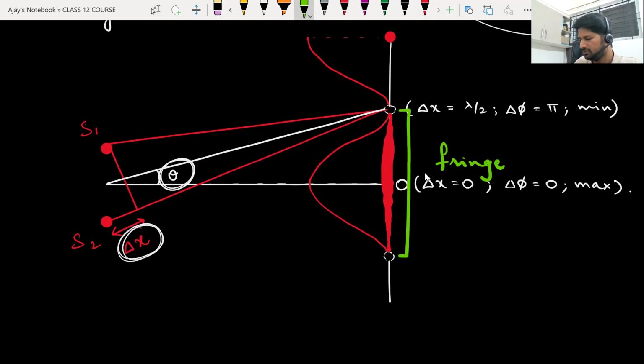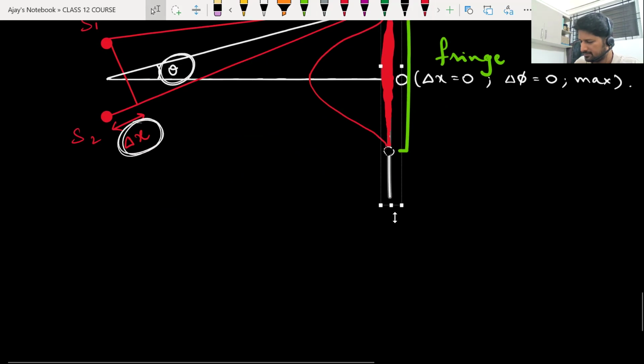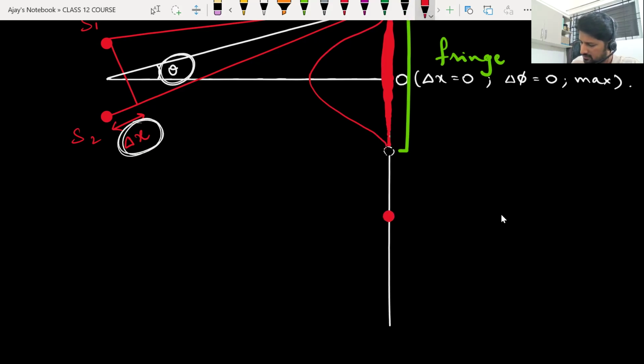Fine. And you will see many bands like that. I can extend the screen on the lower side. Here there's a dark spot forming. Again, at some distance, there'll be a bright spot, and keep going away. At some distance, you'll again get a perfectly dark spot, minimum.